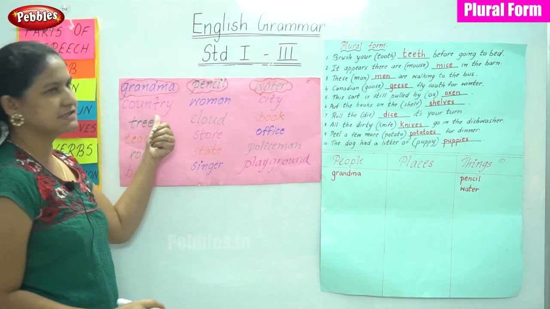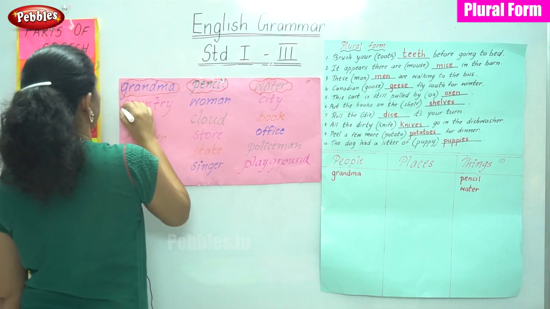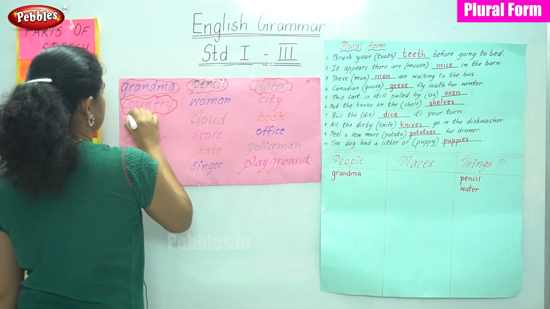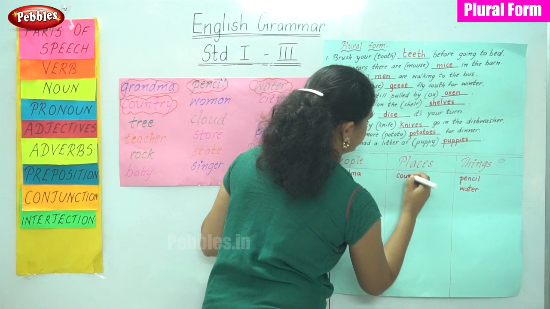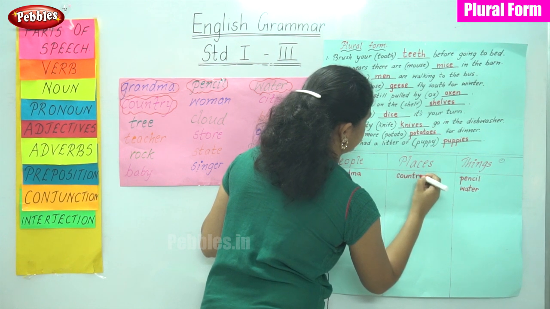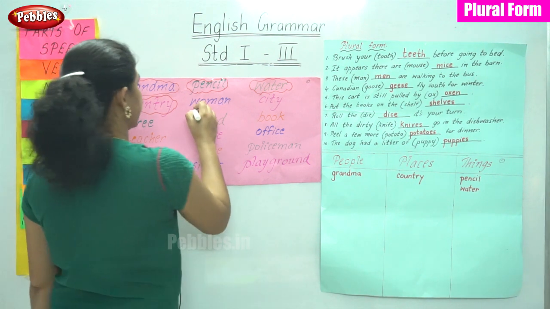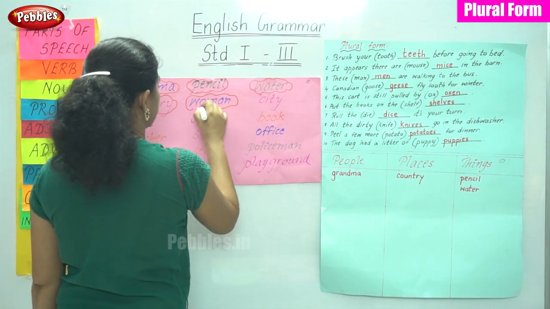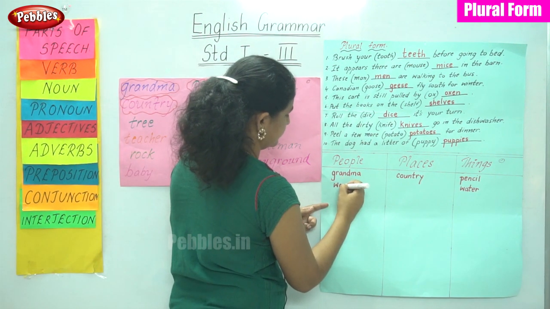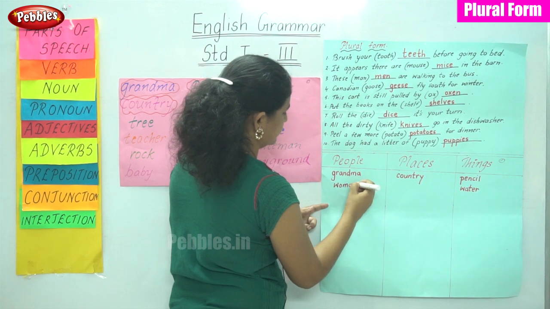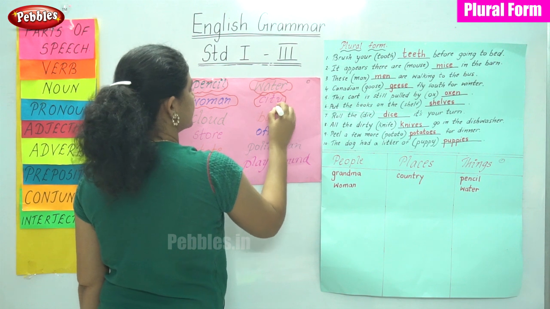The next word is country. Country is the name of a place, so I write it under the places. The next word, woman. Woman is the name of a person, so I write it under the people category. The next is city. City is the name of a place.